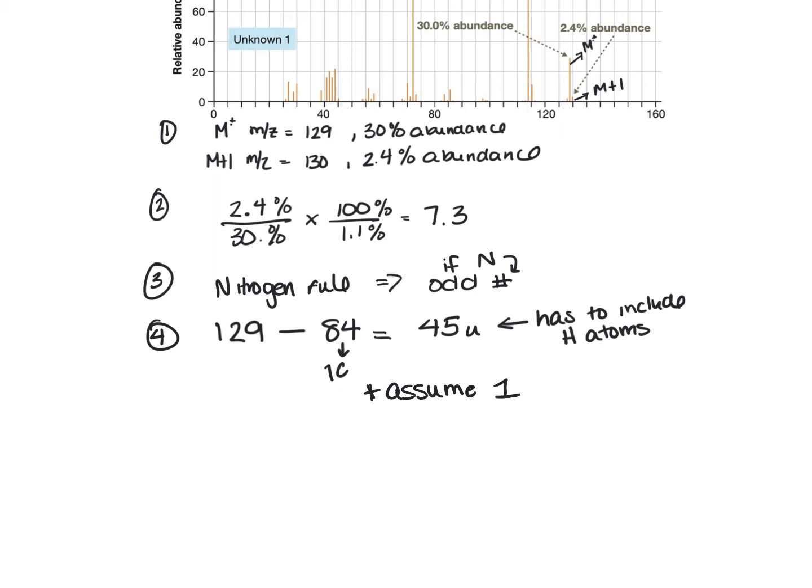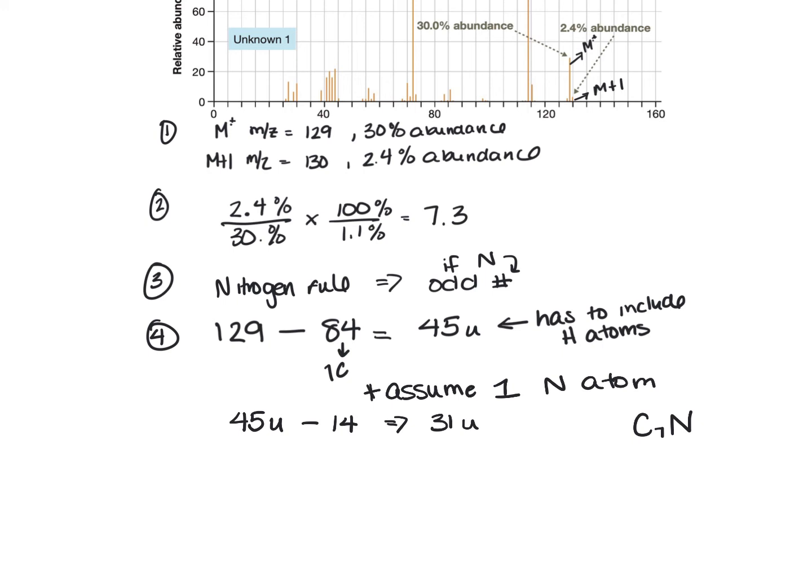But we're going to assume one nitrogen atom. If we have one nitrogen atom, 45 is what's left over, minus the one nitrogen at 14, which gives us 31 atomic mass units that aren't accounted for. So that's like C7N.